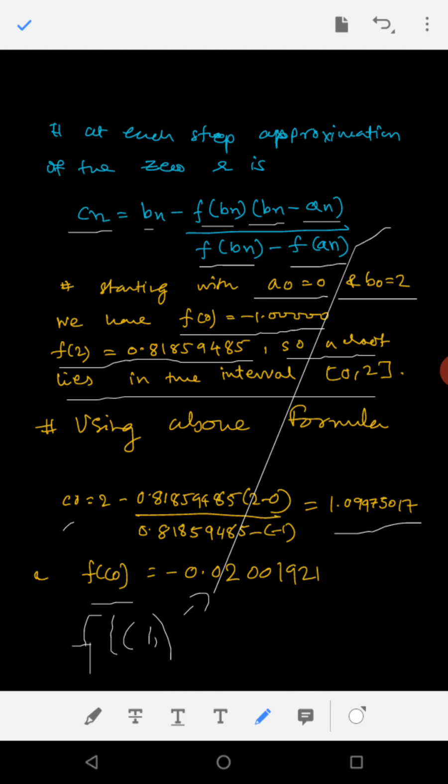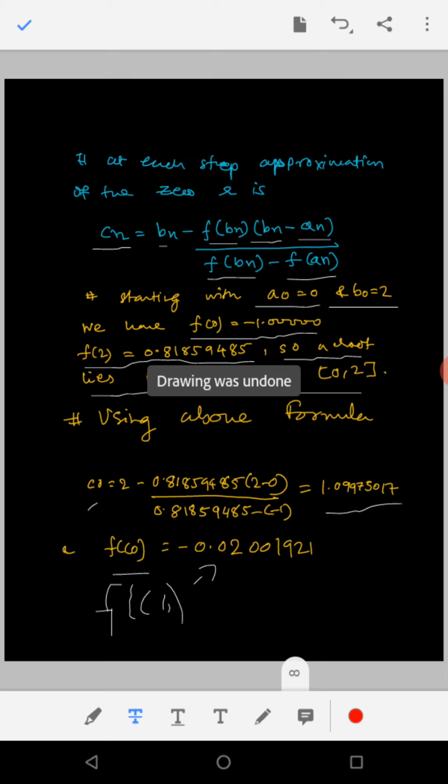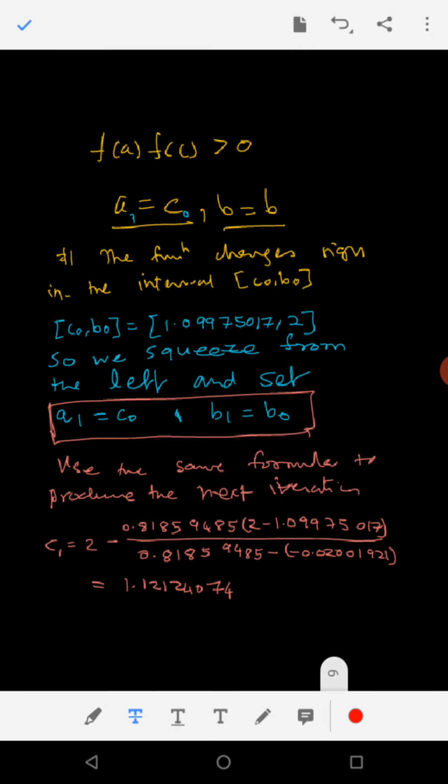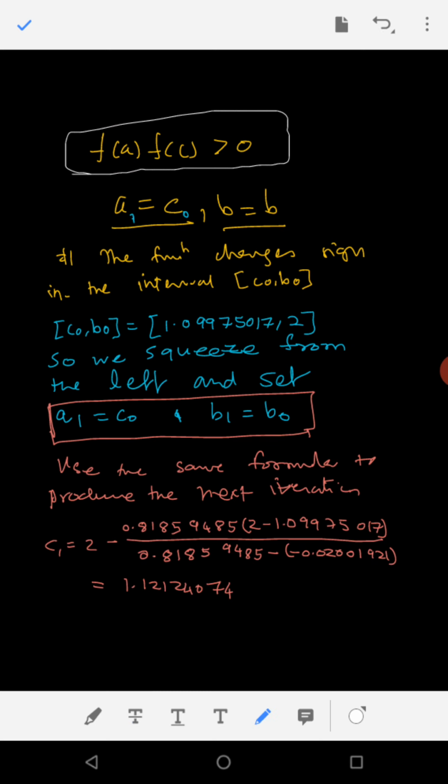Now how to go next? We have to check this condition. Every time you have to check this condition. Please understand, this is important. Once you evaluate f(c0), just compare it with f(a0), multiply it, and check this condition.